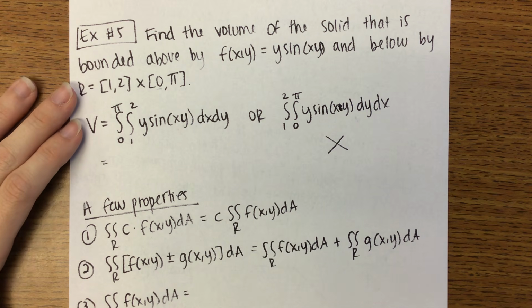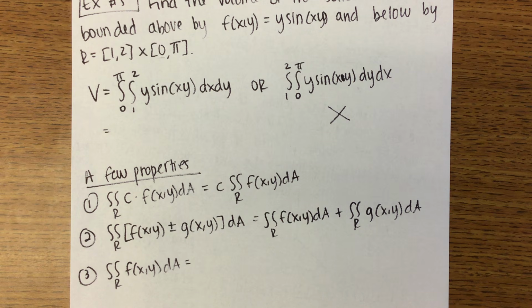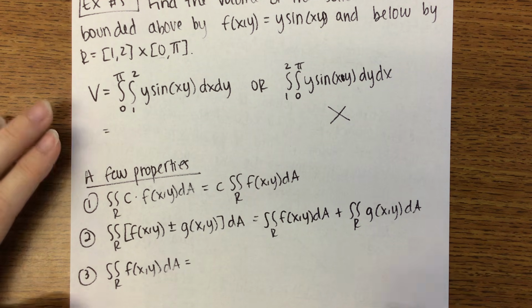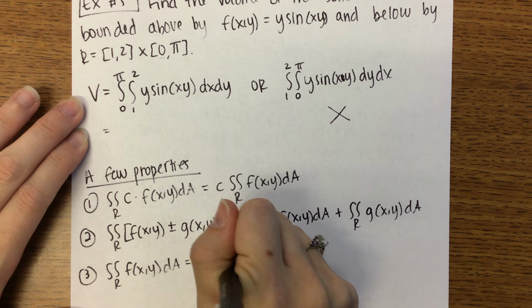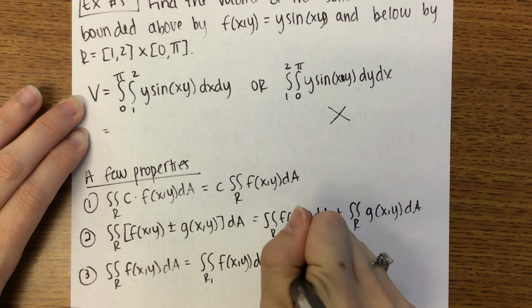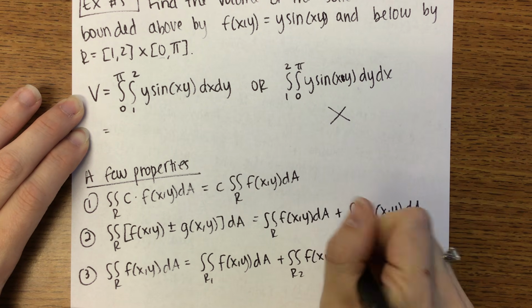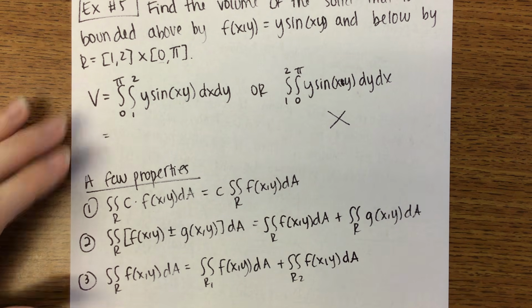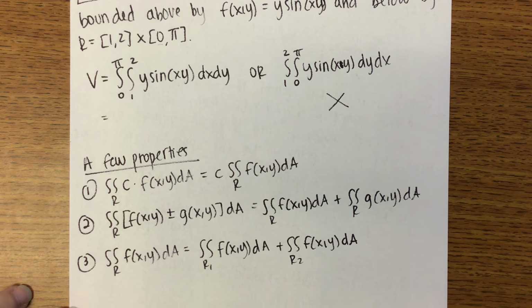Another property, sometimes it might be helpful to partition R into two separate rectangles or two separate regions, in which case then you would have two double integrals. And you are going to use that. Now, of course, R1 and R2 have to make up R.